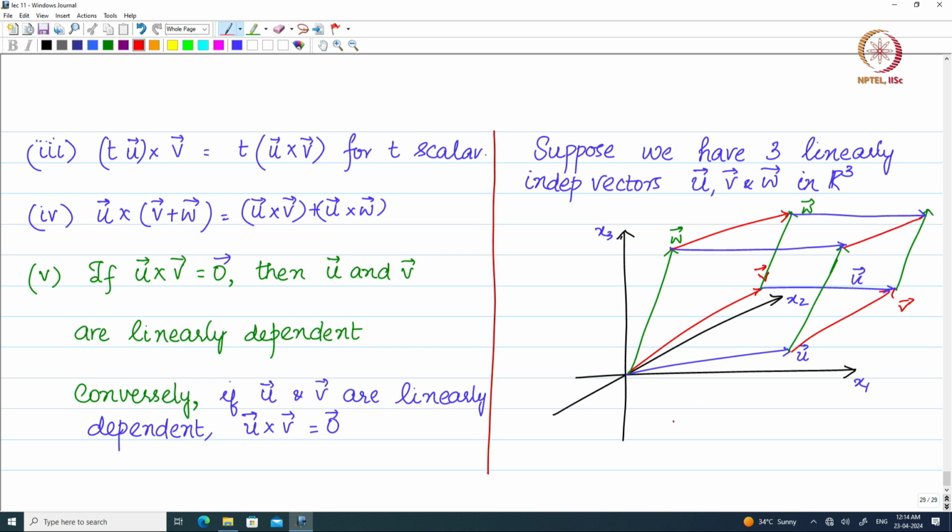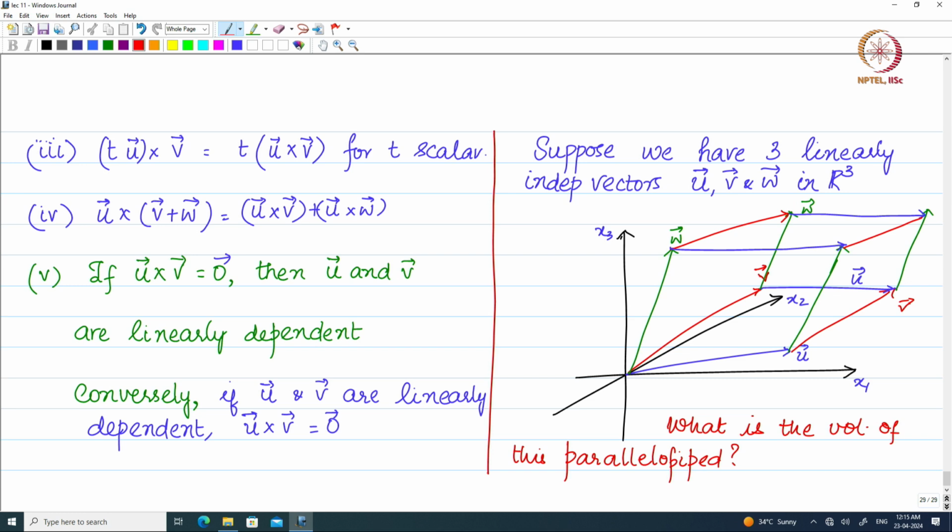So, now the question is, what is the volume of this parallelepiped?